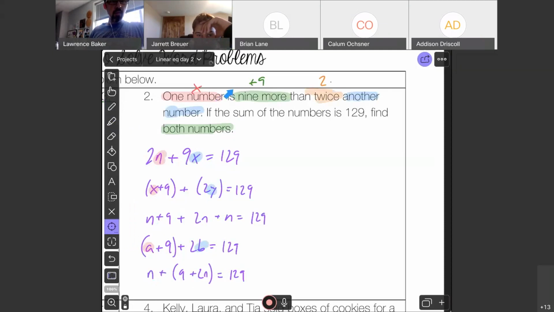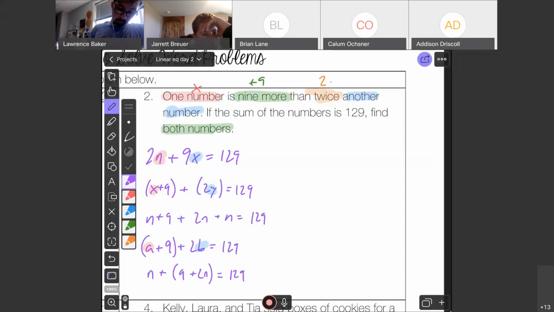A lot of you guys skipped right over this word right here. And lo and behold, it's the most important word in the sentence. What does is mean in math? It means equals.